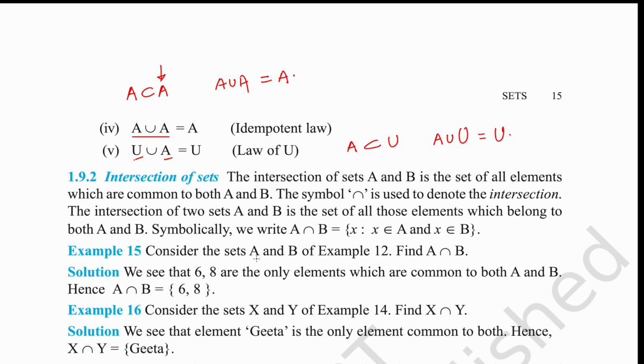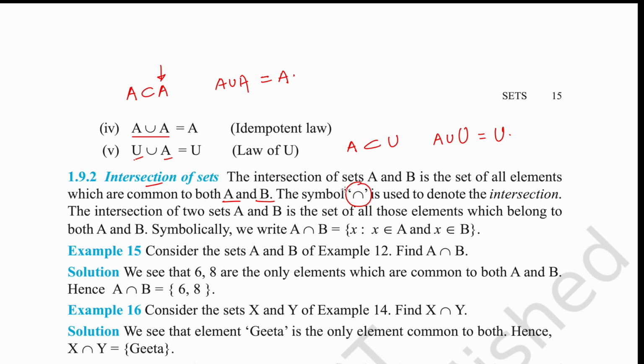All right. Now let's talk about intersection of sets. So the intersection of sets A and B is set of all the elements which are common to both A and B. So that means in intersection, what we are trying to find is the set which has the common elements between A and B. And the symbol that we use for intersection is this, right?